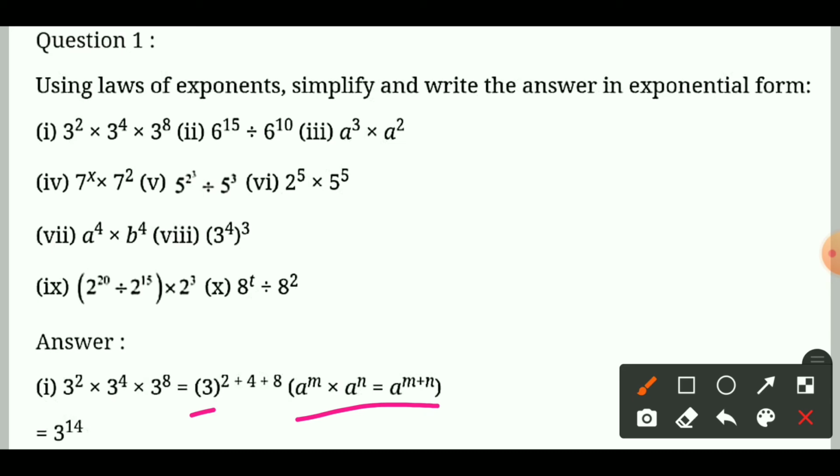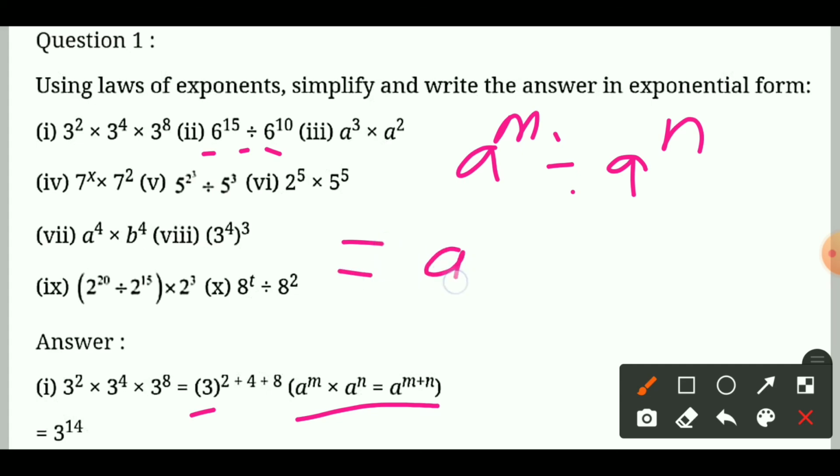Now see the second. In the second part, which law are you going to use? Here we have the same base and different powers. In place of multiplication, here we have division. So in division, what do we do with the powers? Subtraction. So here we are going to use a raised to power m divided by a raised to power n equals a raised to power m minus n.